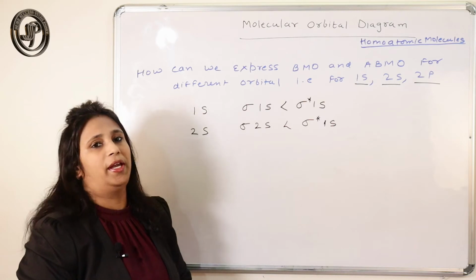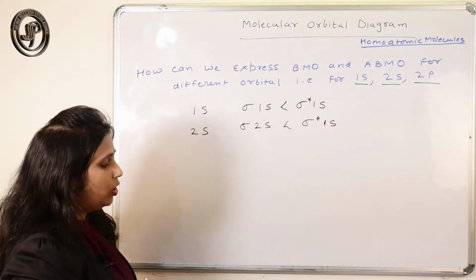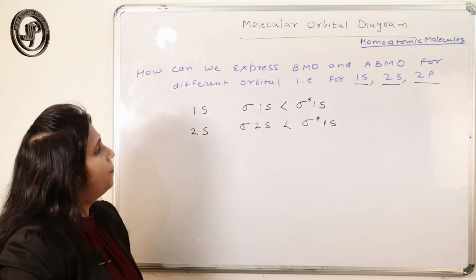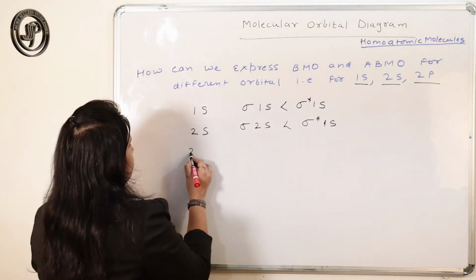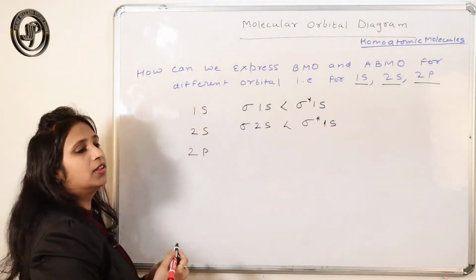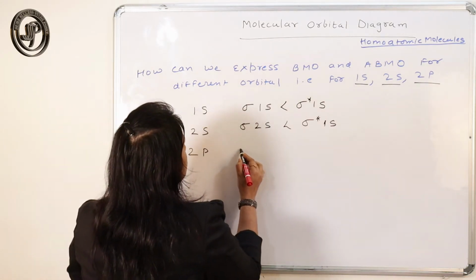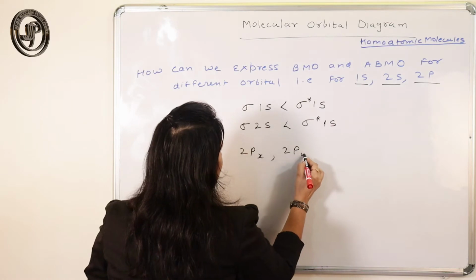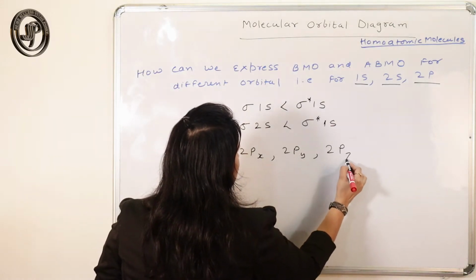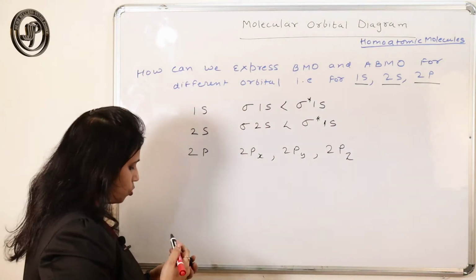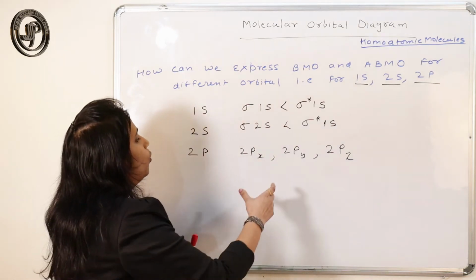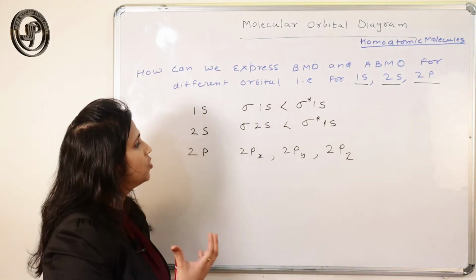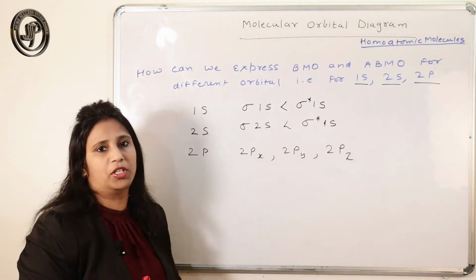Now when 2p comes, we know that for 2p there are three p orbitals: 2px, 2py and 2pz. So which one will undergo pi bond formation and which will undergo sigma bond formation?